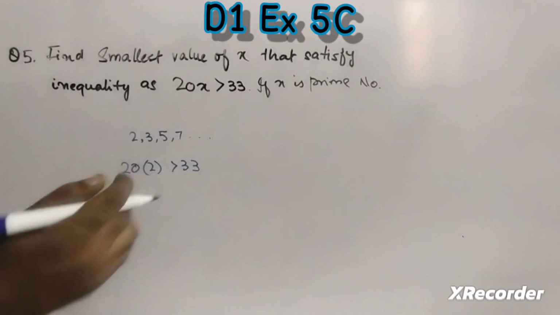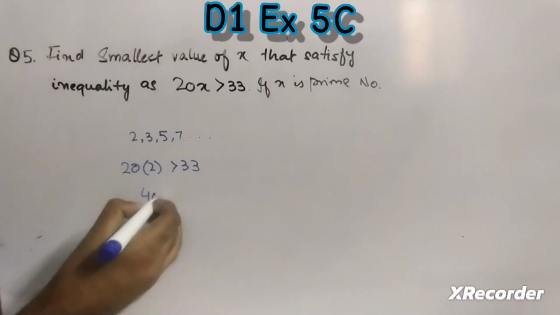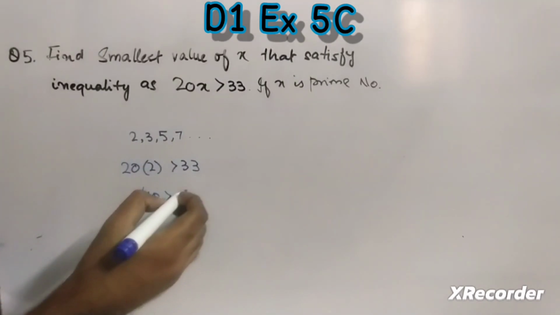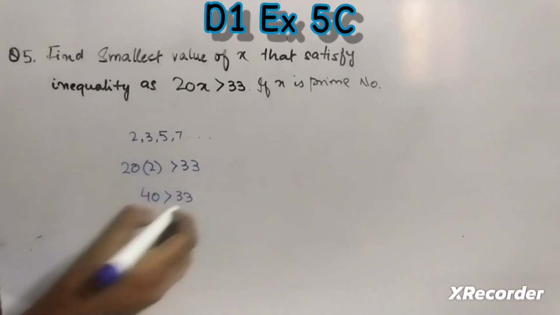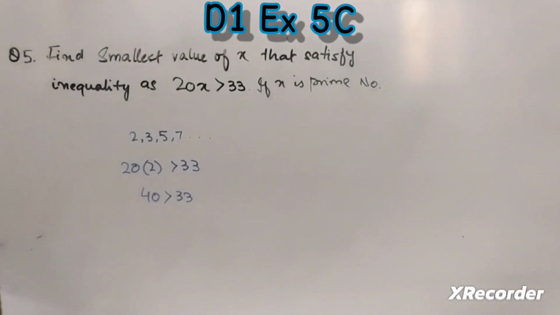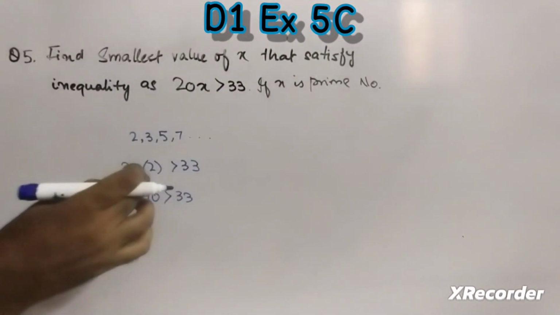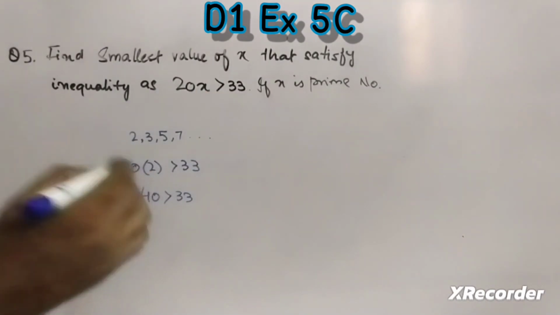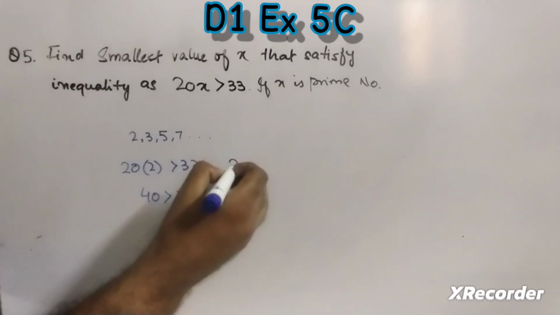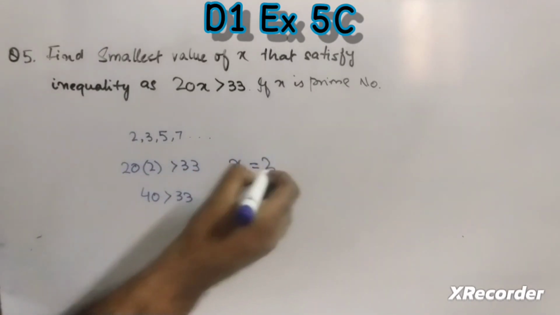So 20 times 2 is 40, and 40 is greater than 33. Indeed. So the smallest value of x to satisfy this inequality is 2. So x is equal to 2. That is our requirement.